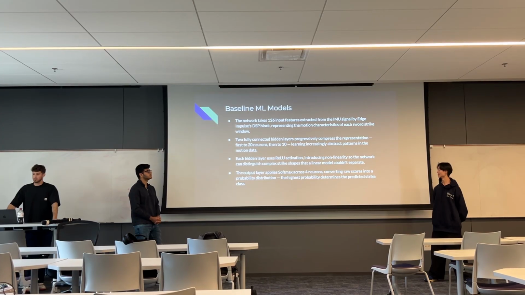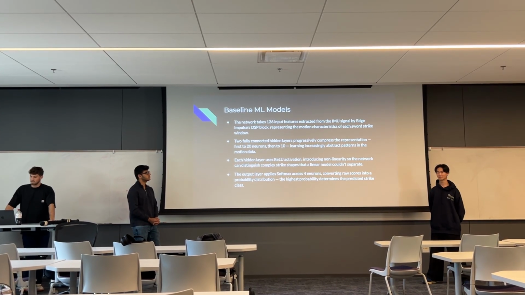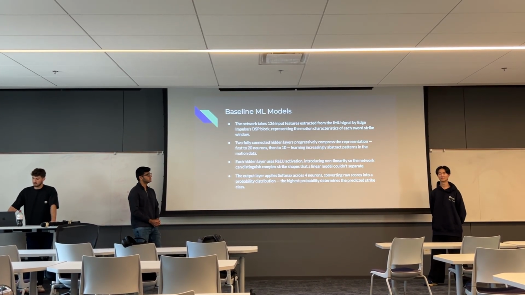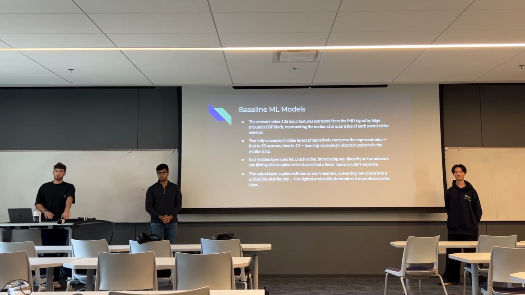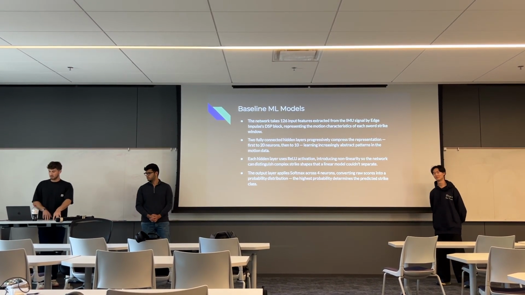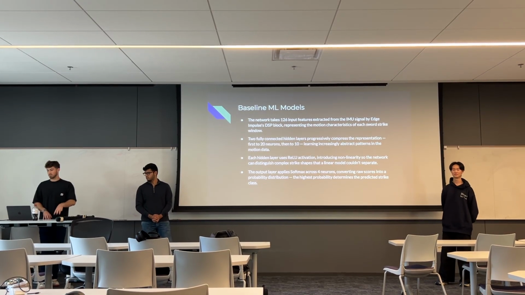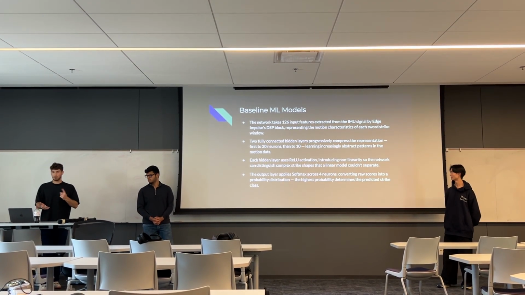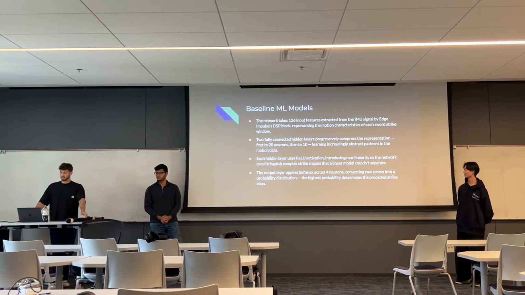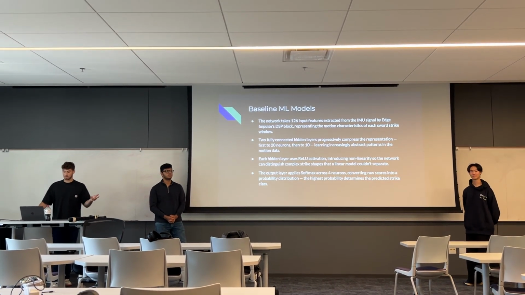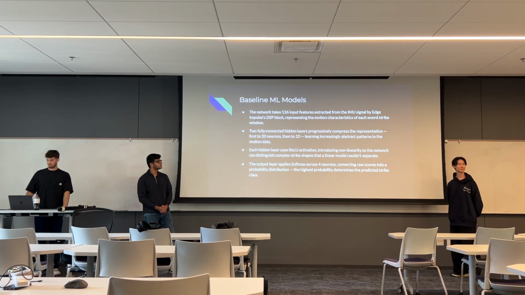These all use ReLU activation, which introduces non-linearity. Then we have the final output layer being softmax across 4, or it's supposed to be 3 neurons. So we have horizontal, vertical, and idle probabilities. And out of that, the highest probability determines the predicted strike classification.